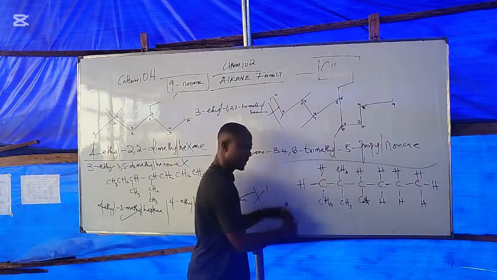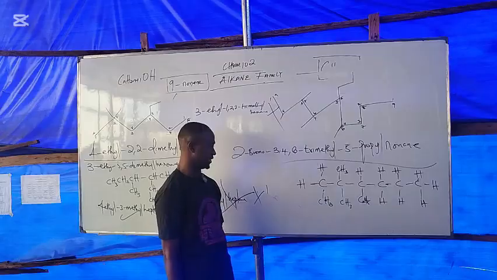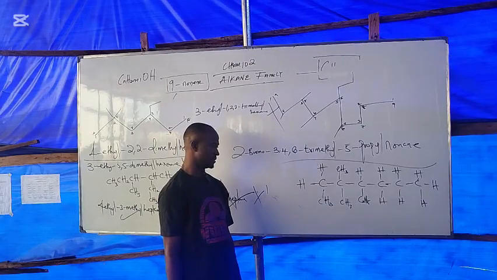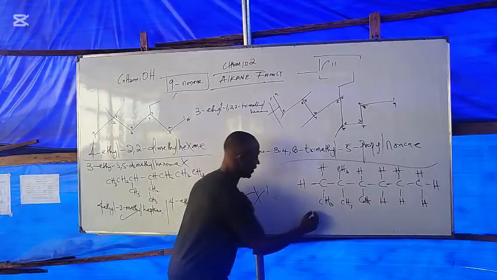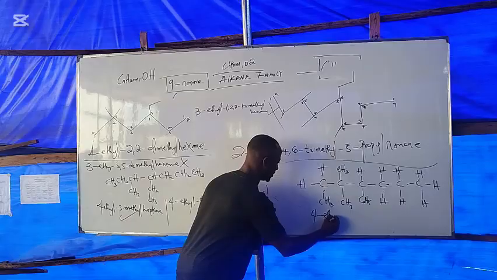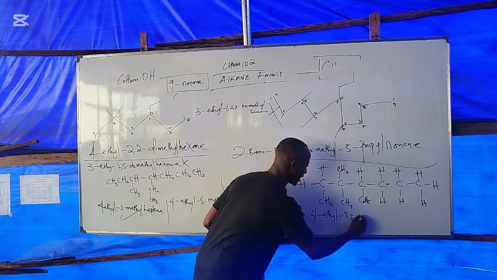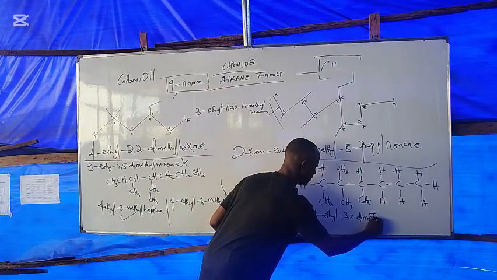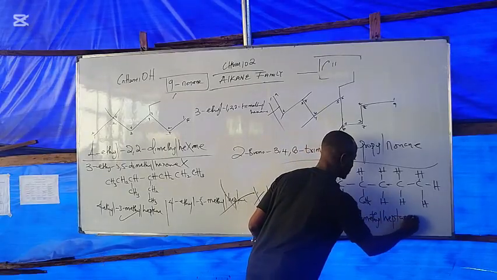And now, 1, 2, 3, 4. 4-ethyl. You're not getting it. 4 what? Ethyl. 3-methyl heptane.